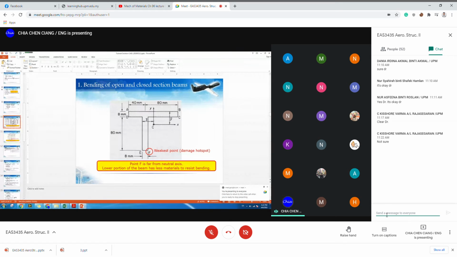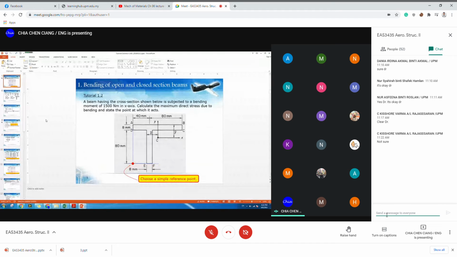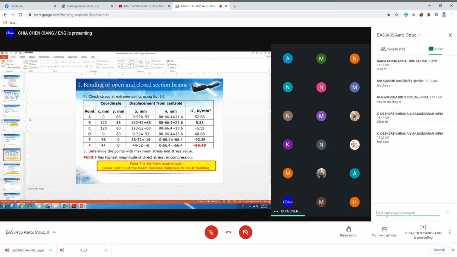So for example, this question, the same question again. Let's say it's made from a certain type of material. This material will fail if the bending stress or direct stress is 80 Newton per mm squared.